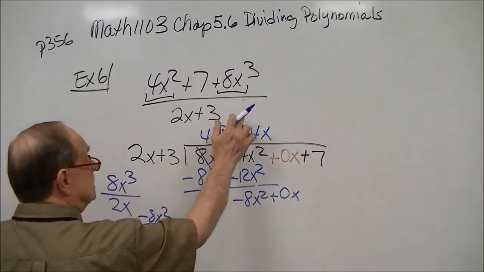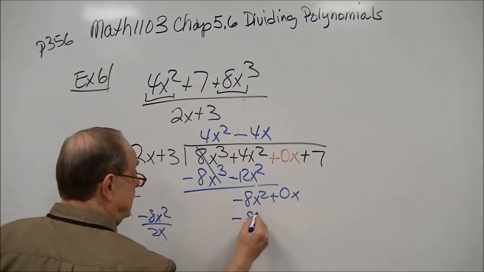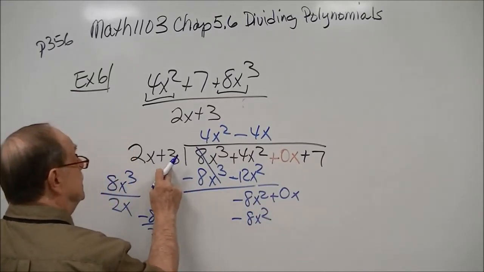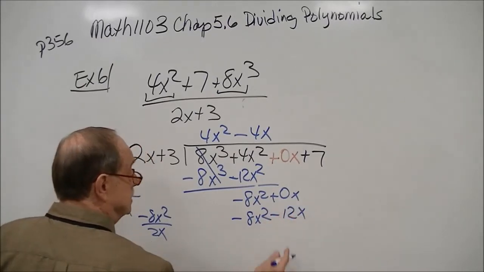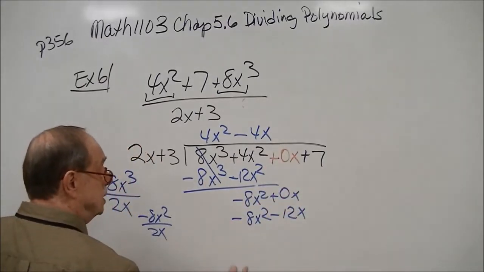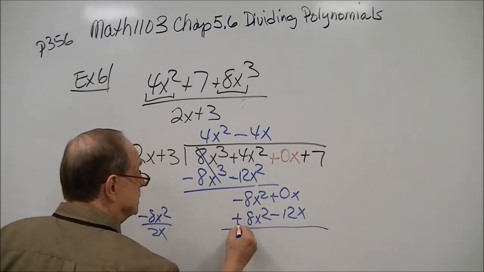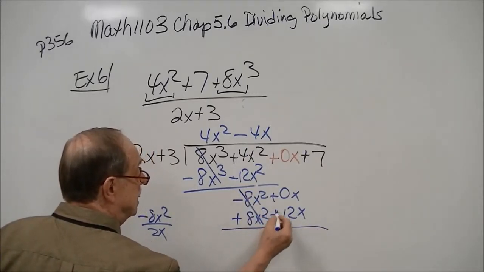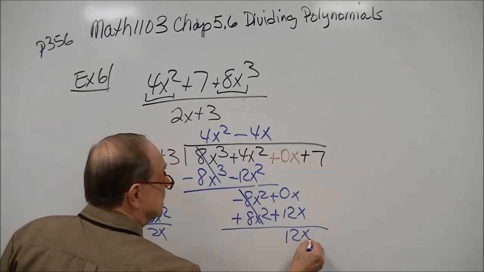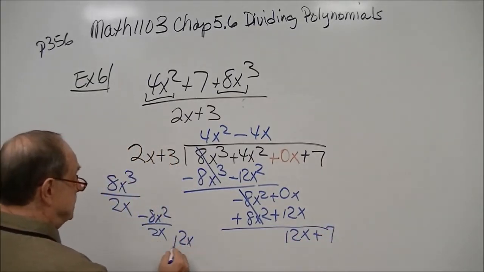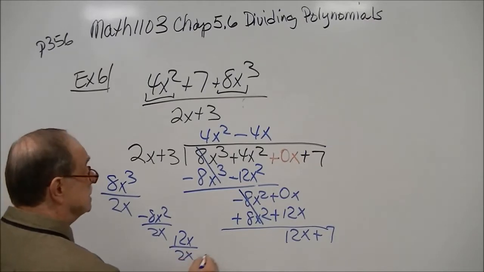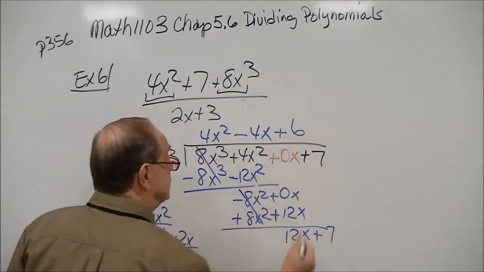Now this times this gives you a negative 8x squared. This times this gives you a negative 12x. Notice you have a place to put it. Change signs. This cancels out. This is 12x plus 7. Again, 12x divided by 2x is a plus 6.